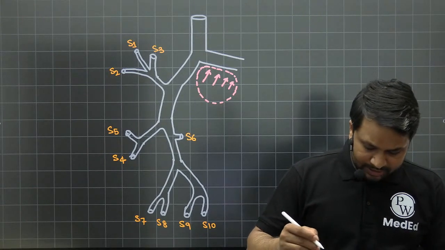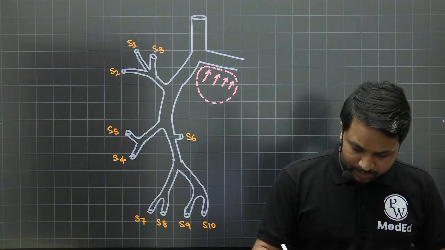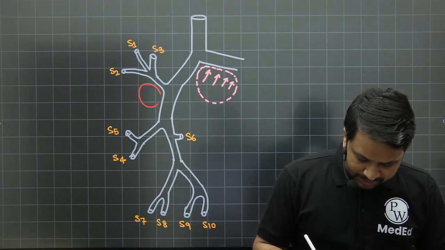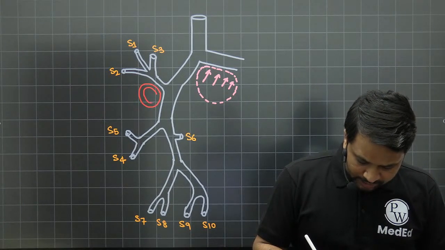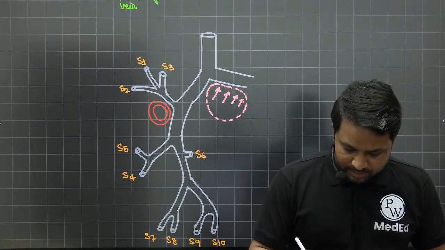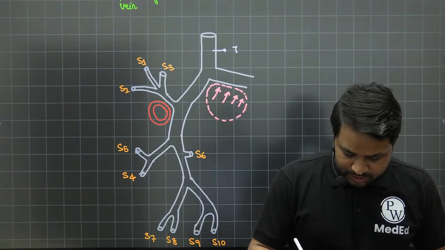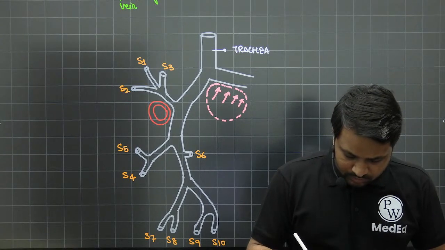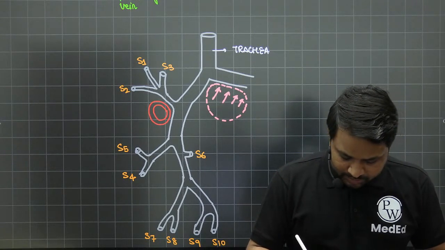Now what is interesting is you will notice that the pulmonary artery's location is going to be between the takeoff of the upper lobe and that of the bronchus intermedius. Now just for the sake of understanding, I'll just label them. This is the trachea. This happens to be the right main bronchus.